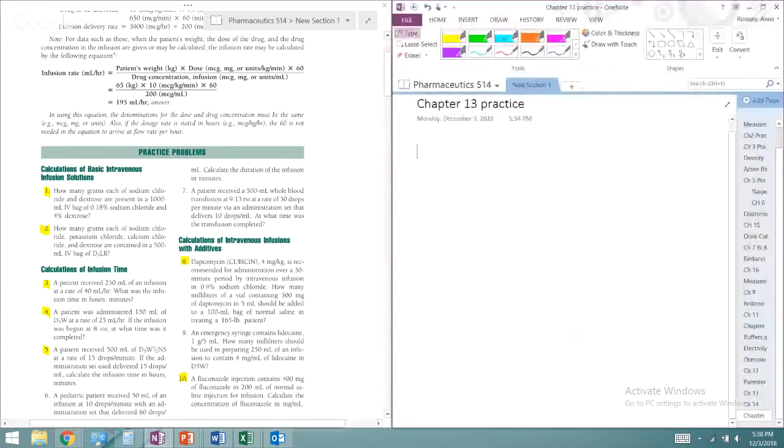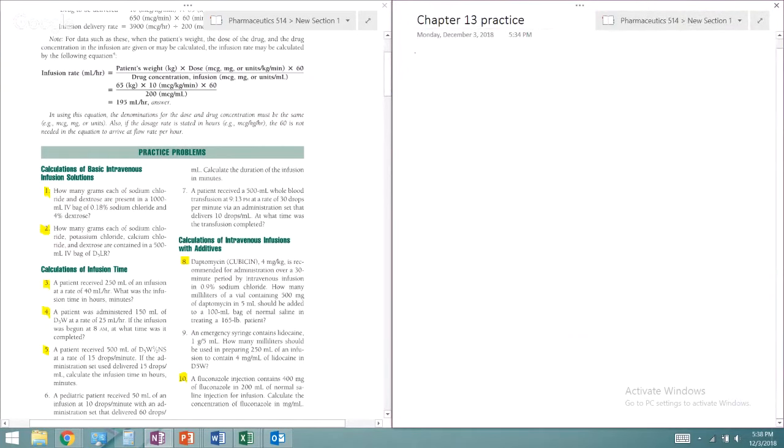All right, let me grab that. All right, so we're going to do number one. How many grams of each sodium chloride and dextrose are present in a 1,000 milliliter IV bag with 0.18% sodium chloride and 4% dextrose? So very simple.